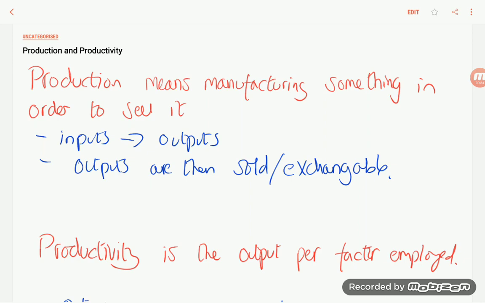The outputs should have an exchangeable value. They need to be something that can be sold. So for example, if we're making a chair, that would be the output.